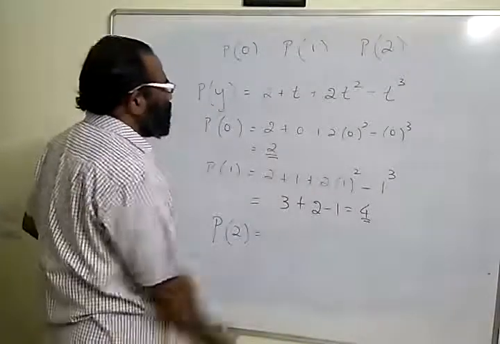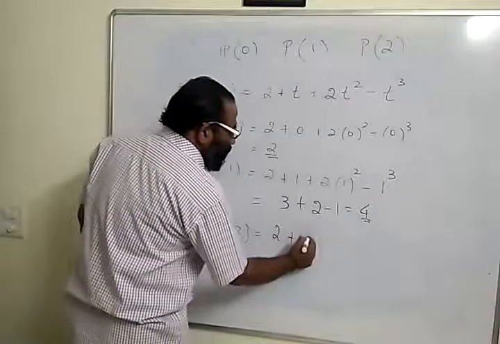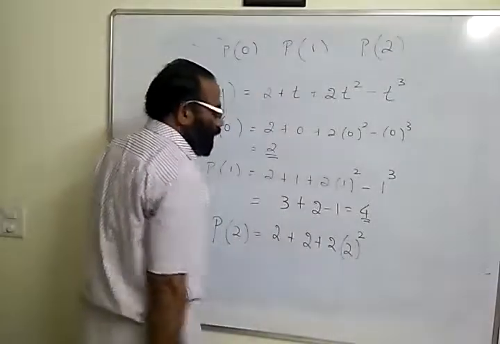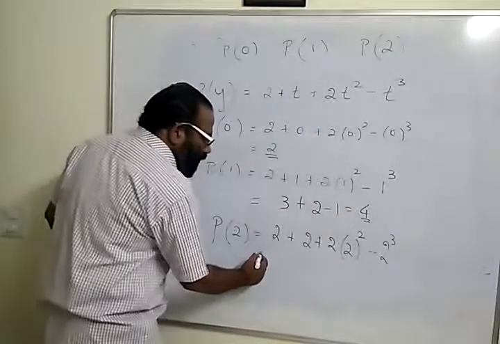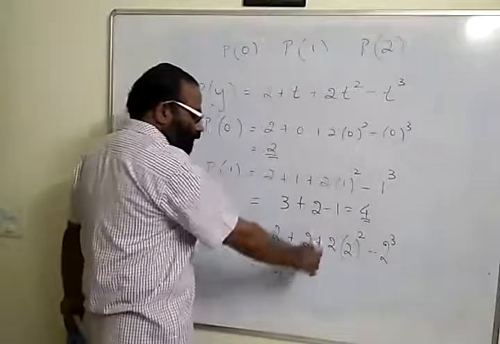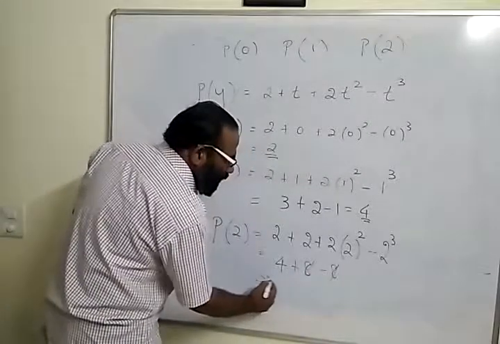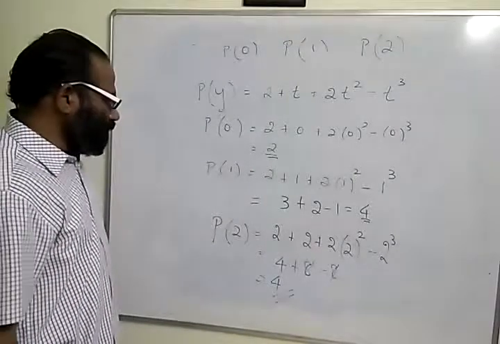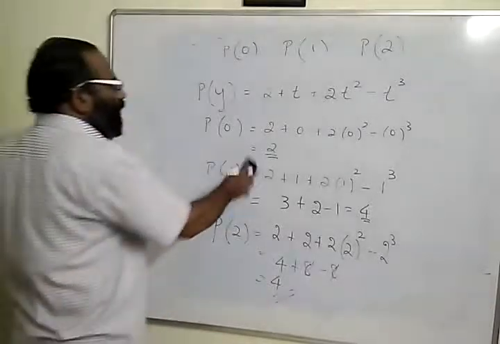P of 2 equals, instead of t, substitute 2 over here. So 2 plus t, 2 plus 2 into 2 squared minus 2 cube. So this would be 2 plus 2, 4, plus 2 into 2 squared, 4, 4 2s are 8, minus 8. These two cancel, the answer is 4. So here you have 2, 4 and 4. These are the three values that you get.